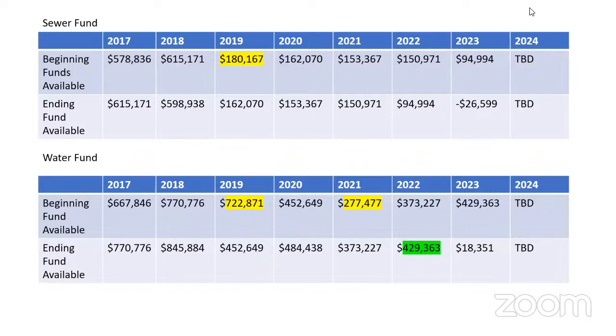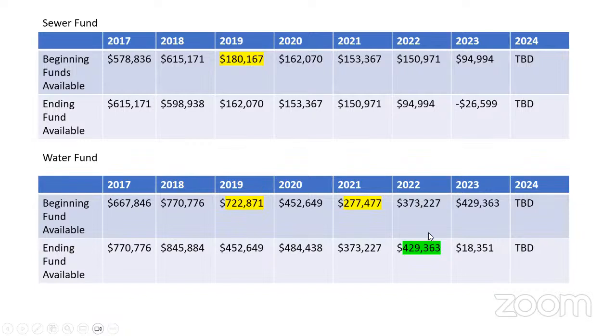Now, ideally, your ending fund balance of your previous year should match your beginning fund balance of the next year, because that should carry over. And in some of these cases, that is the case, and it's not always the case.